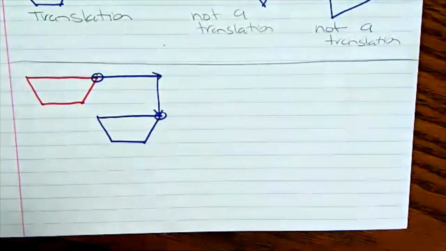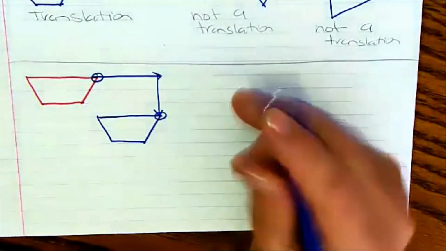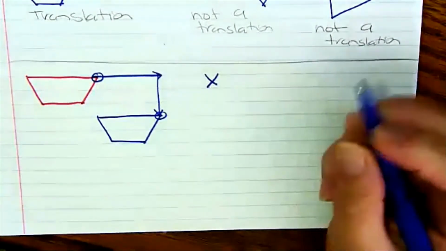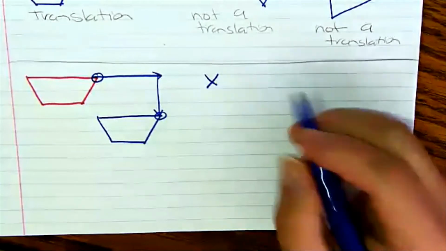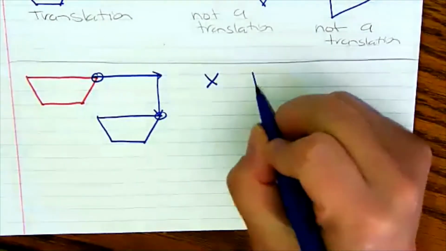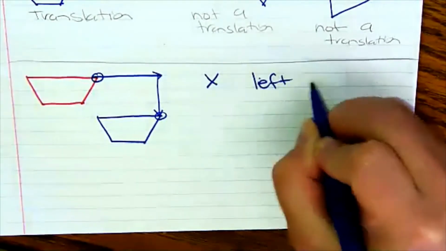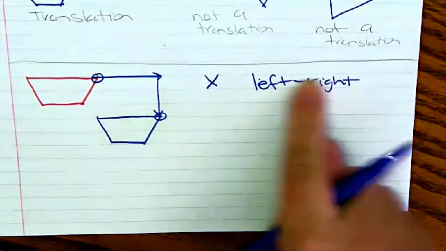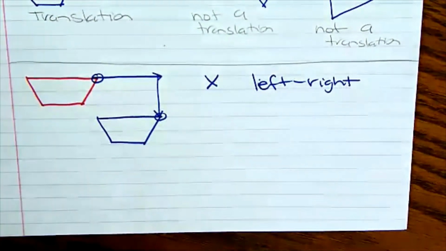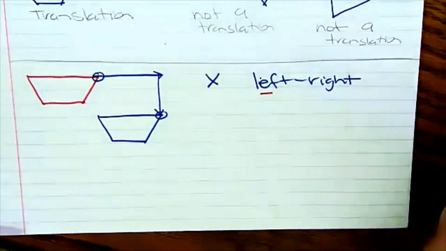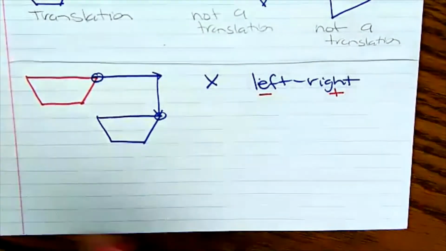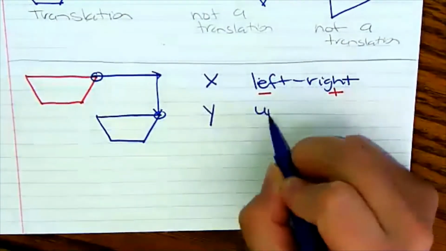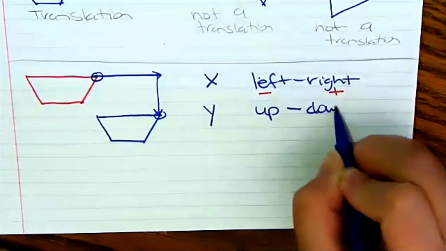So with that being said, when we slide left and right, X means we are sliding left or right. So on the x-axis, we're sliding left or right. Left is negative and right is positive. Y is up or down.